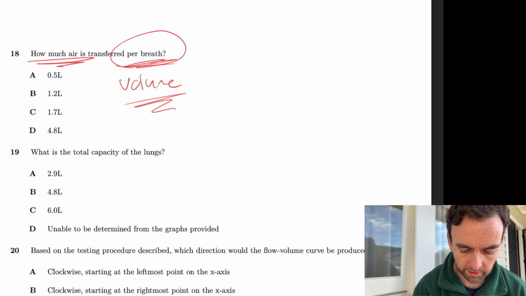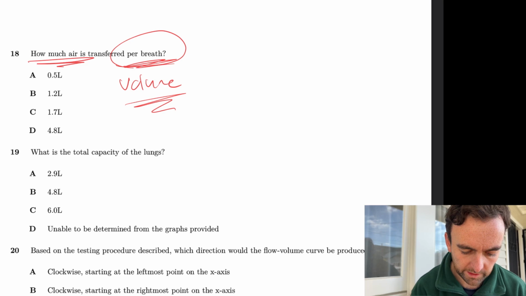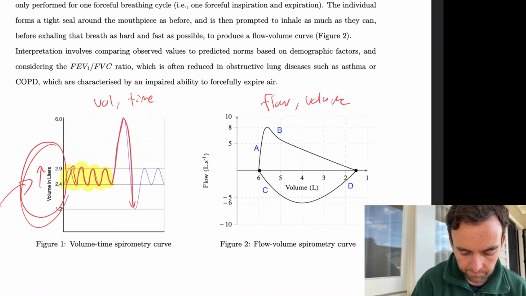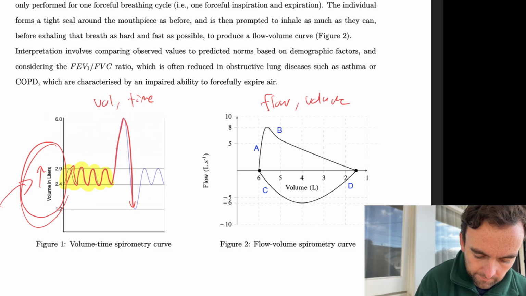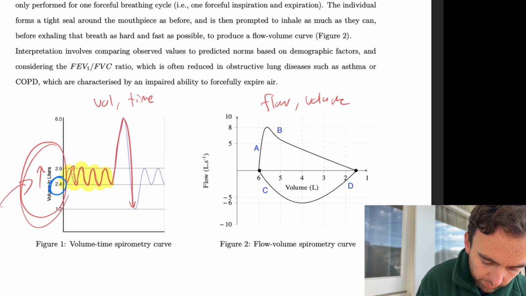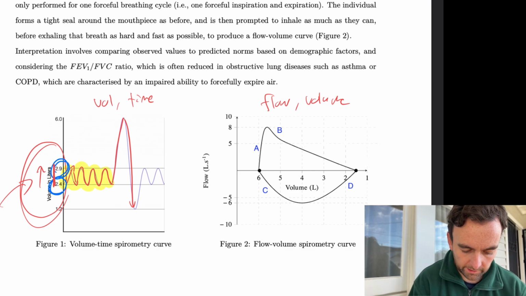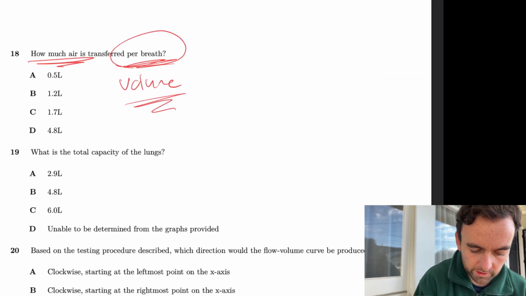If we go back to our question, we're very sure that the left graph is what we want to use. And it says how much air is transferred per breath. We said that these little oscillations are per breath, and we can see that we go from 2.4 to 2.9, and that's in liters. Very important that we always check the units.